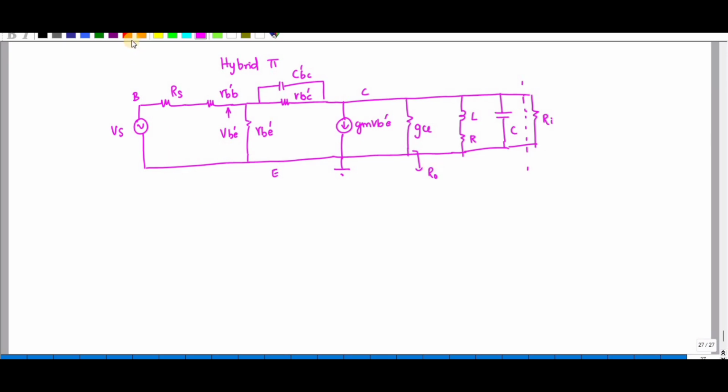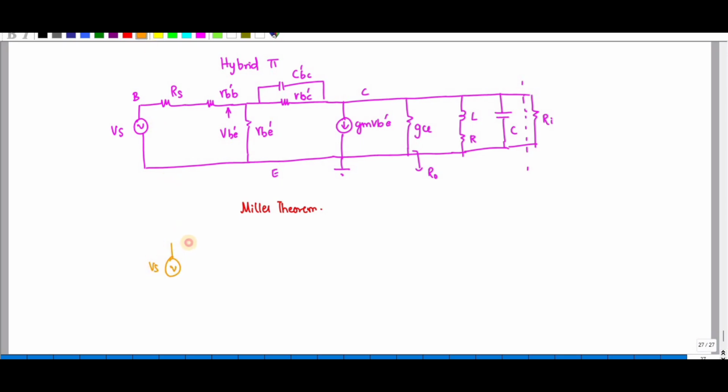So we need to apply the Miller theorem. In order to remove this capacitance, at the input side the CBC will become like this.